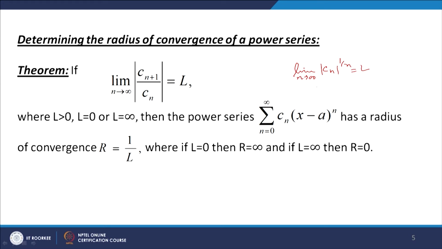So, if the limit as n tends to infinity of mod of Cn to the power 1 by n is equal to L, where L is greater than 0 or L is equal to 0 or L is equal to infinity, then the power series sigma Cn (x minus a) to the power n, where n varies from 0 to infinity, will have a radius of convergence r equal to 1 by L. If L is 0, r is infinity, and if L is equal to infinity, then r is equal to 0. So, we can either apply the root test or apply the ratio test. This we will decide from the form of the power series.